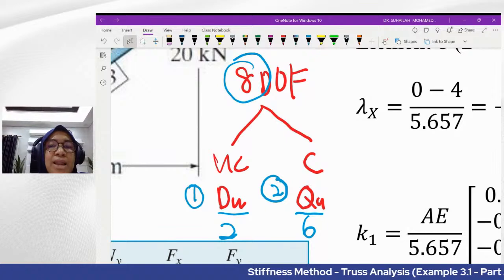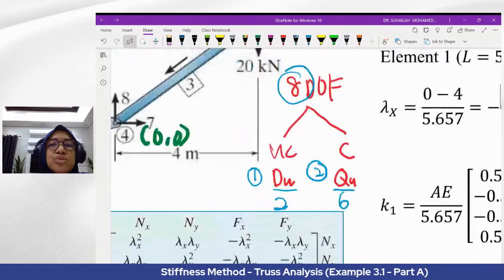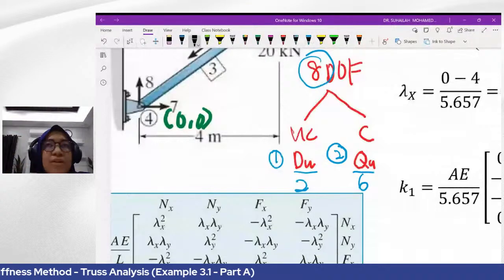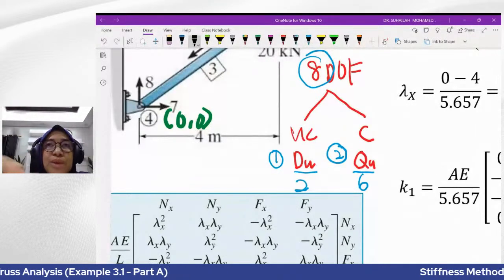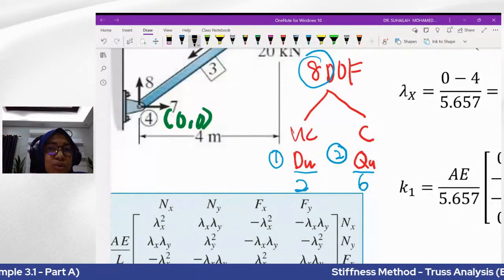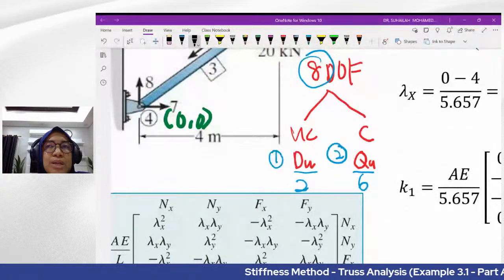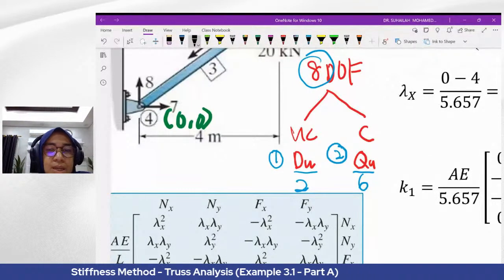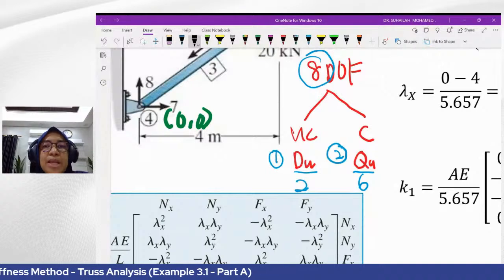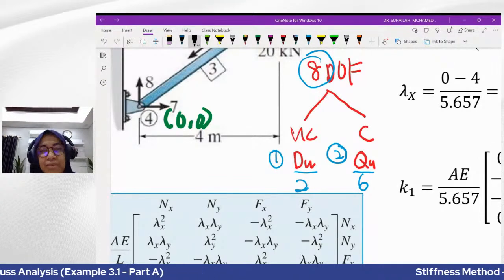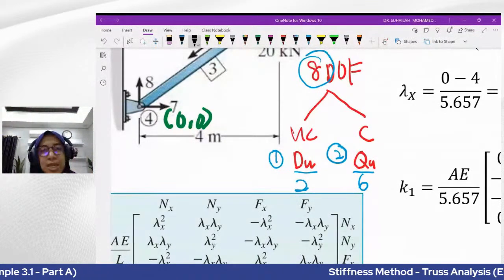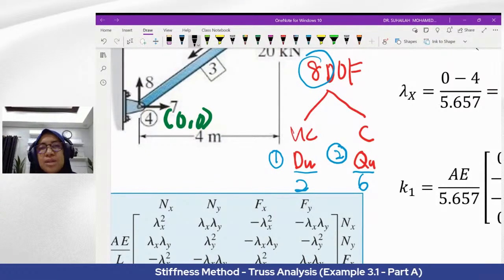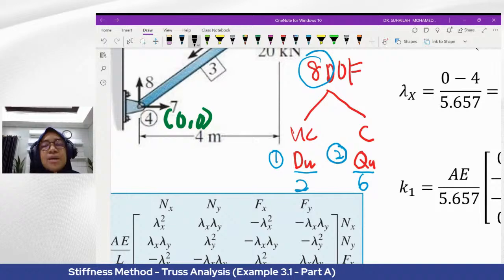Don't forget, for the labeling we should start from unconstrained, meaning we have to complete labeling unconstrained first, then only we continue with constrained. In total there are 8 numbers: 1, 2, 3, 4, 5, 6, 7, 8. In total there are 8 positions.